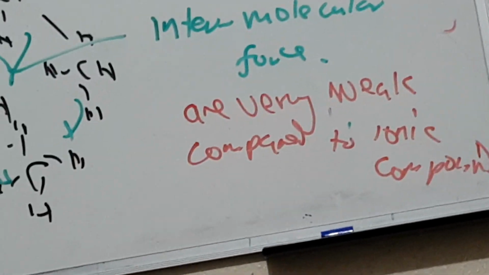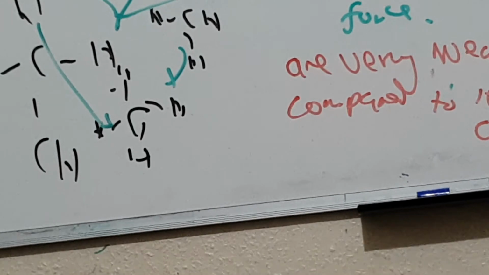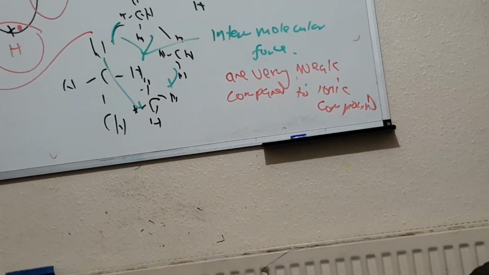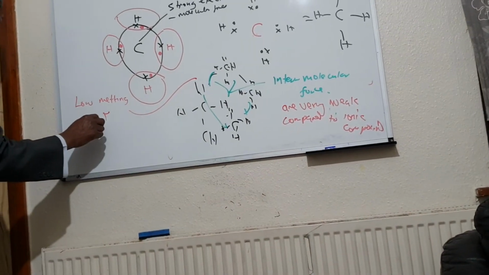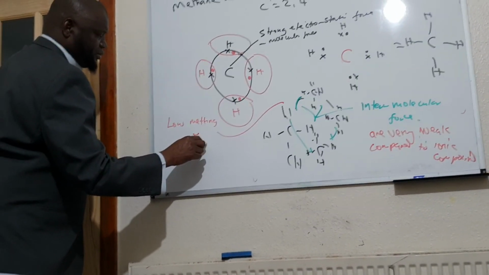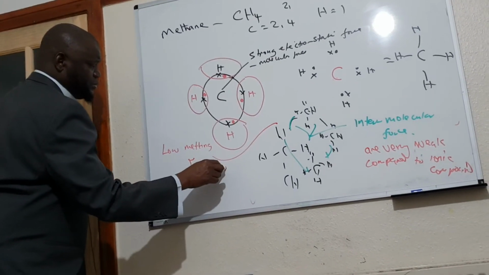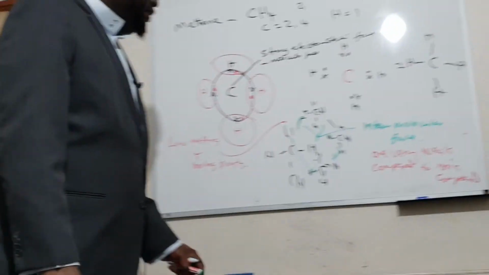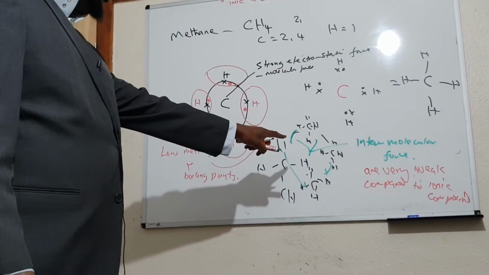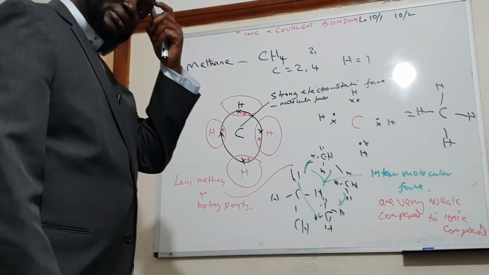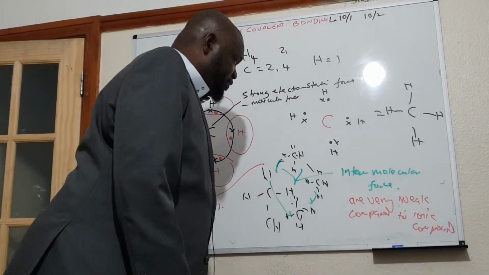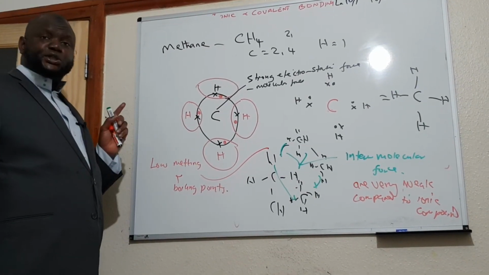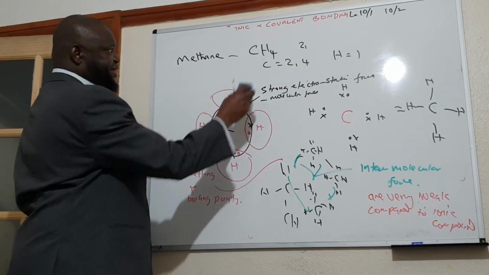Therefore, they have low melting and boiling points compared to ionic compounds. That is the only reason why they have low melting and boiling points. You get that? That is why they have low melting and boiling points compared to ionic compounds.